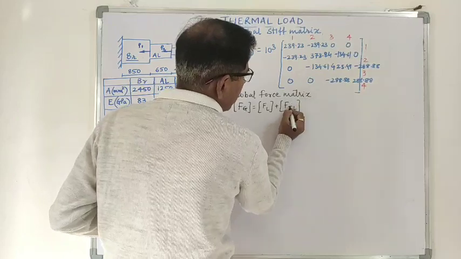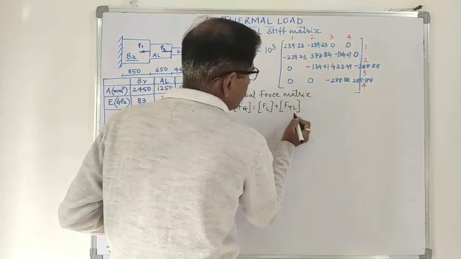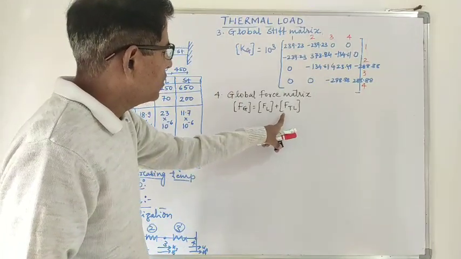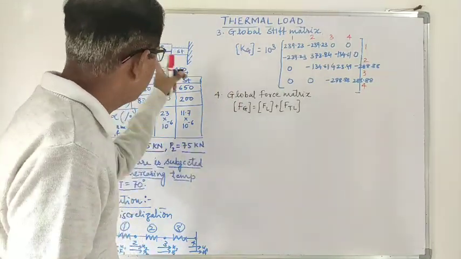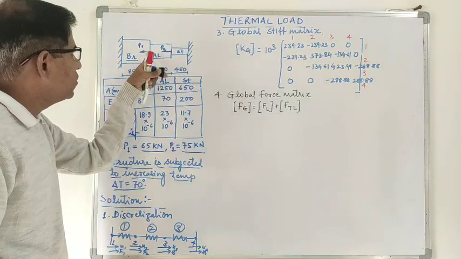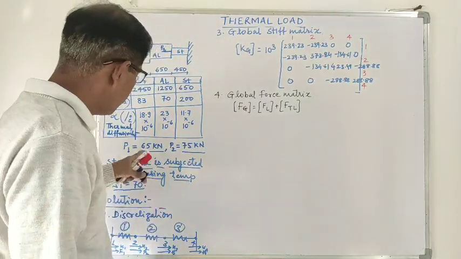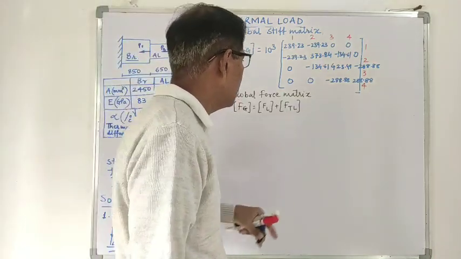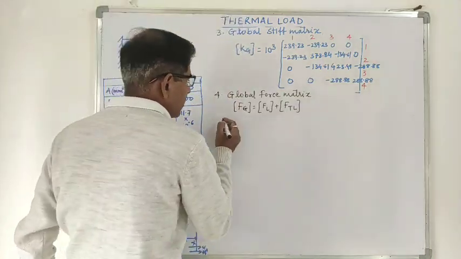Here this TL means thermal load. Okay. Now first we find the thermal load, because the external load matrix can be easily found using the given values of 65 kilonewton and 75 kilonewton.